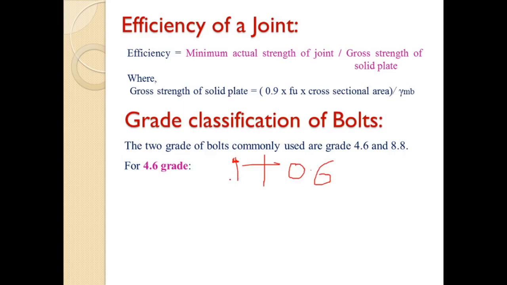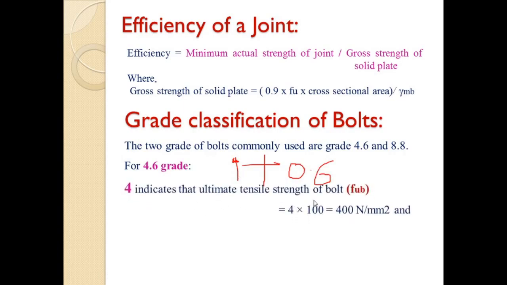The first 4 indicates the ultimate strength of the bolt, that is FUB, and it is calculated by multiplying by 100, that is 400 Newton per mm square. That means if grade 4.6 is given, we know the FUB of that grade is 400 Newton per mm square.